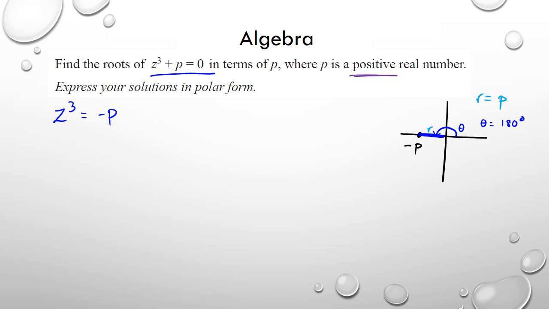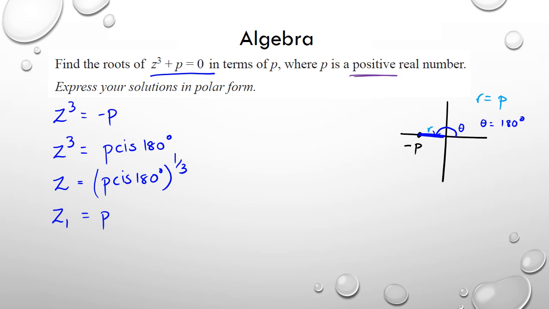So I could write my first step here, z cubed equals, writing minus p in r cis theta form, I'm going to get it as p cis 180 degrees. So applying De Moivre's theorem, I'm going to have p cis 180 degrees to the power of a third. So my first root is going to be p to the power of a third cis 180 divided by 3, which equals 60. All right, so that's my first root.